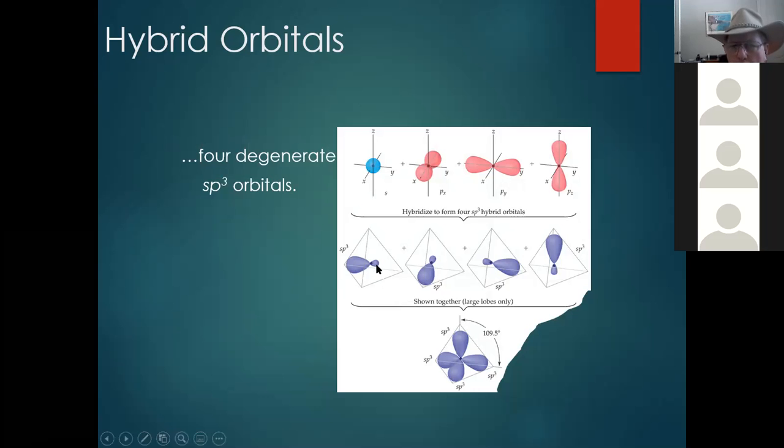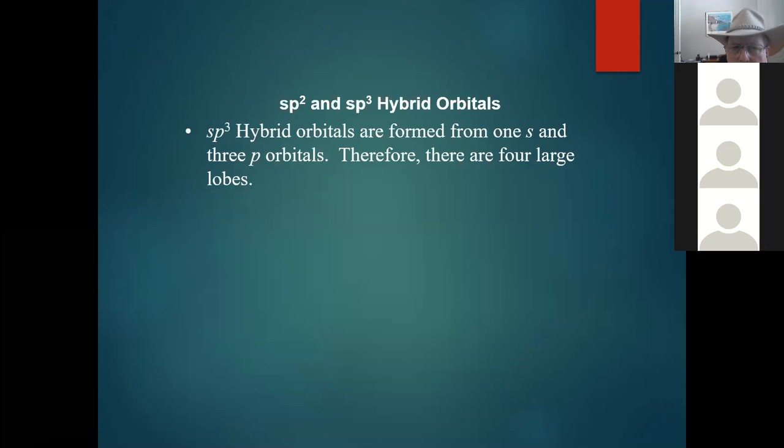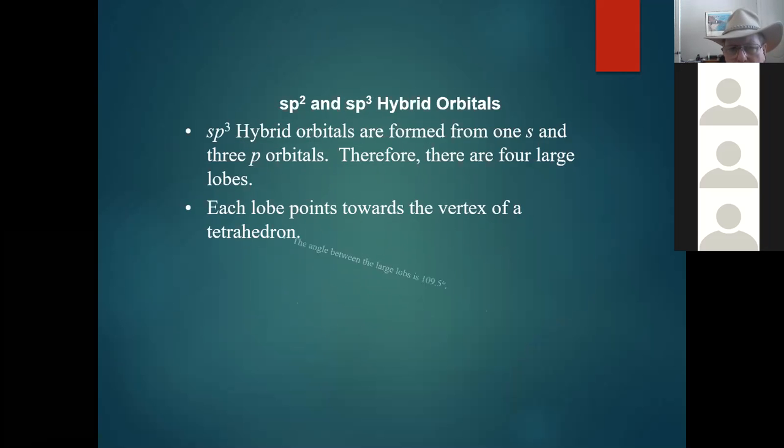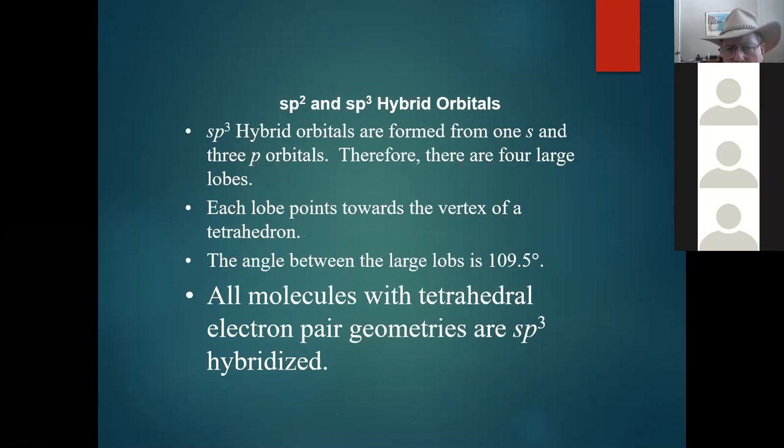I have a large lobe and a small lobe. They want to get as far apart from one another as possible. So an sp3 orbital has a tetrahedral shape. And this is just the same information as you already know.